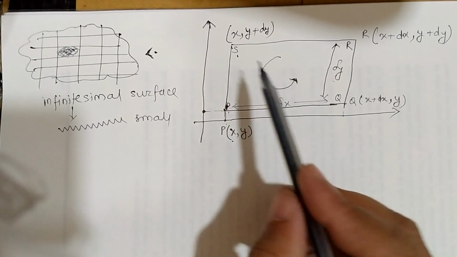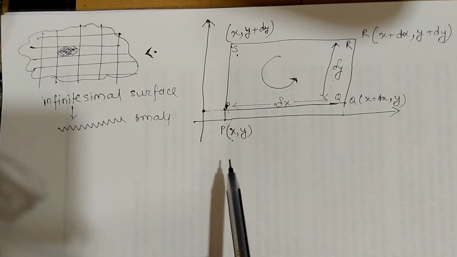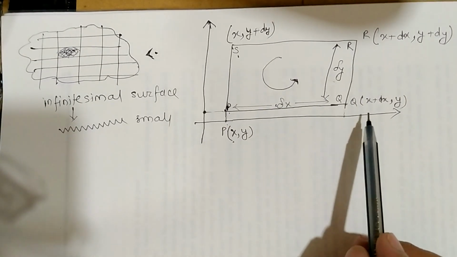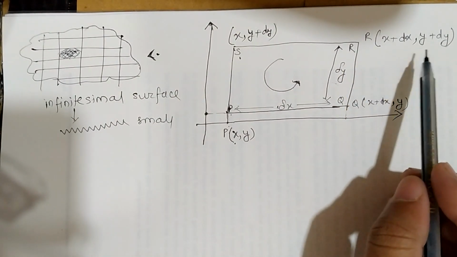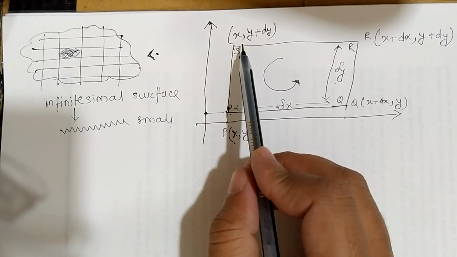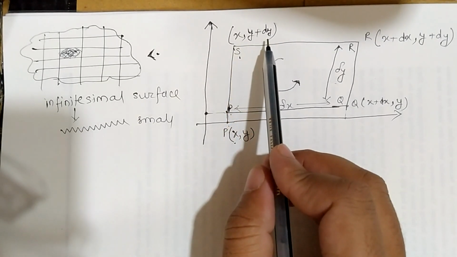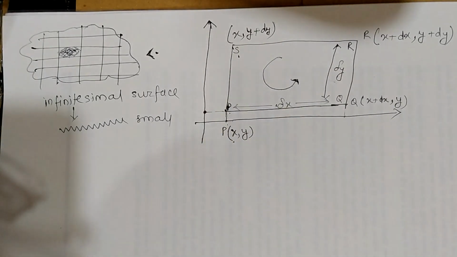Therefore these will be the coordinates of the points P, Q, R, S, which we are rotating in the counterclockwise direction: P is x comma y, Q is x plus dx comma y, R is x plus dx comma y plus dy, and S is x comma y plus dy.